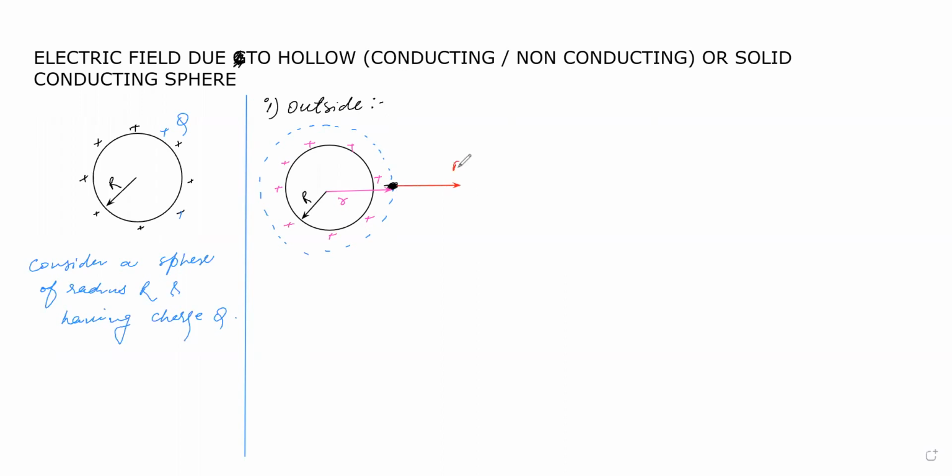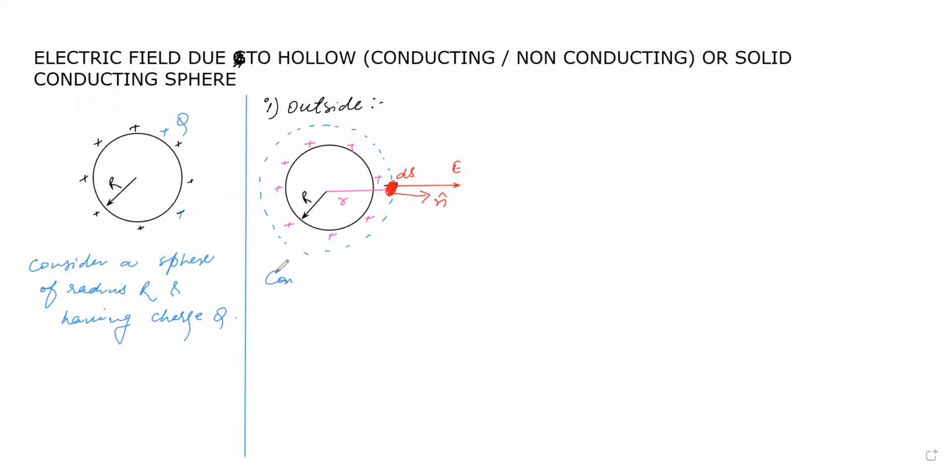If it is the direction of electric field, we can consider it just like an area vector, an area of ds, and the area vector of this will be n cap, or you can also say s cap. Okay, this is your area vector. Now, what will be the flux? First of all, we will calculate the flux. Then by calculating flux, we can easily find out the electric field due to this sphere.